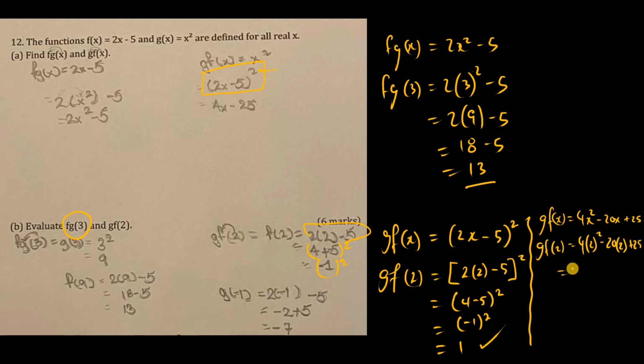This will give us 4 times 4 minus 40 plus 25, which is 16 minus 40 plus 25. 16 minus 40 would be negative 24, plus 25, which gives us positive 1.